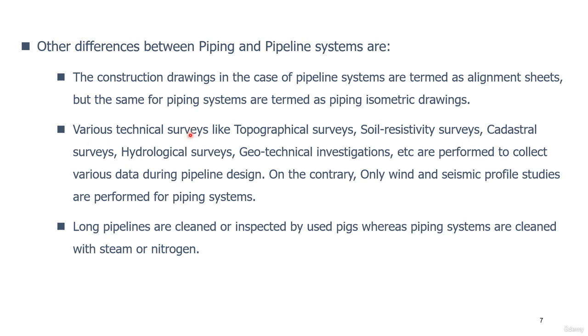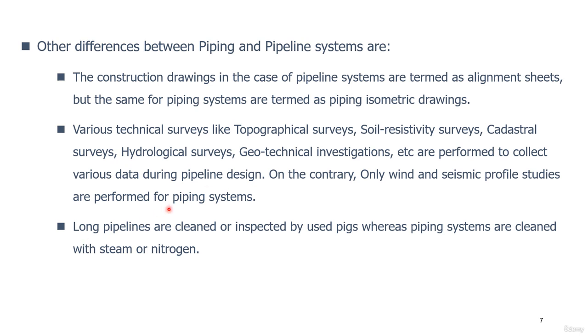Now various technical surveys like topographical survey, soil resistivity survey, cadastral survey, hydrological survey, geotechnical investigation, etc. are performed to collect data during pipeline design, whereas only wind and seismic profiles are studied for piping systems.